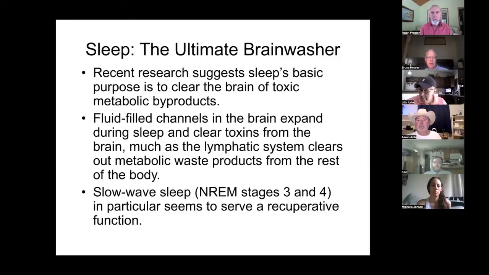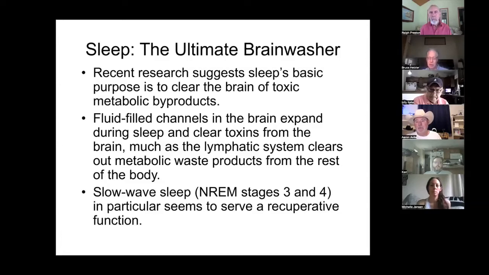Sleep, the ultimate brainwasher. Recent research suggests that sleep's basic purpose is to clear the brain of toxic metabolic products. There are fluid-filled channels in the brain that expand during sleep. These are gaps between cells in the brain, and those gaps are full of cerebrospinal fluid, and they get larger during sleep.